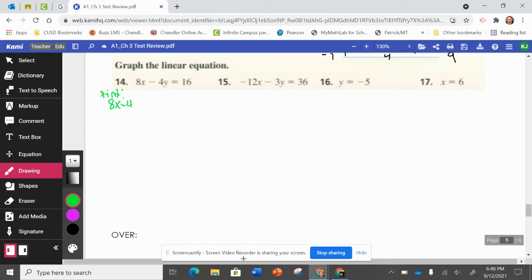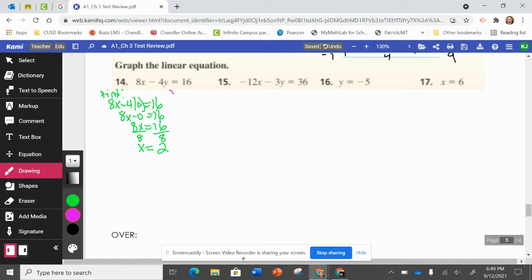That means we're plugging in 0 for y. 4 times 0 is 0. 0 from anything is just itself. 8 times x, the opposite of multiplying by 8 is dividing by 8. These 8's reduce to 1, so we have 1x is equal to 2.